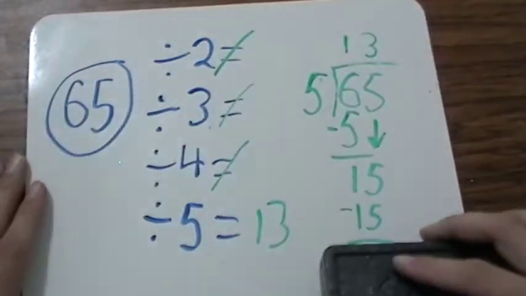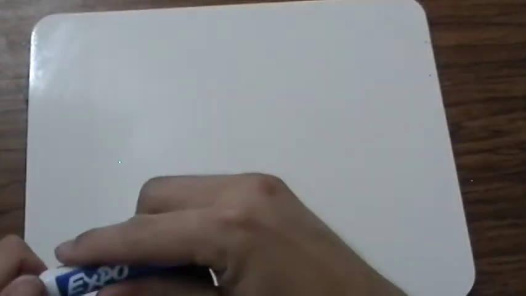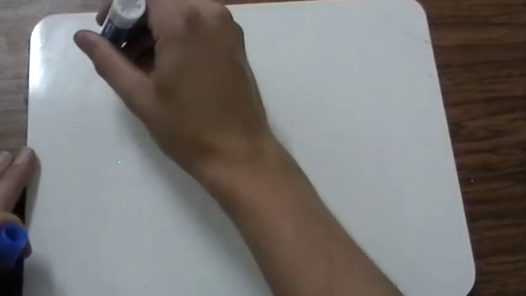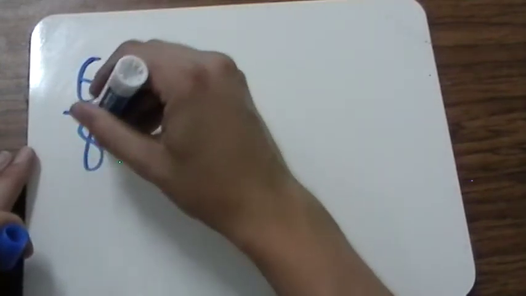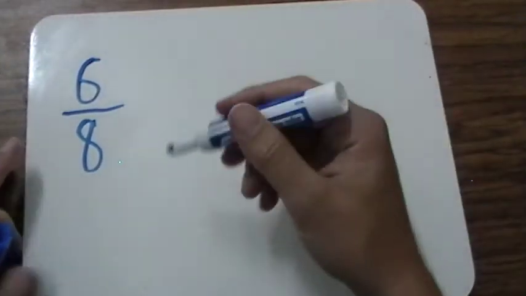Well, why do I need to do divisibility rules? Well, it's important to know what numbers can be divided by what numbers when we are simplifying fractions. For example, I'm not going to pull out my fraction bar today because we're going to focus on the numbers. 6 and 8.